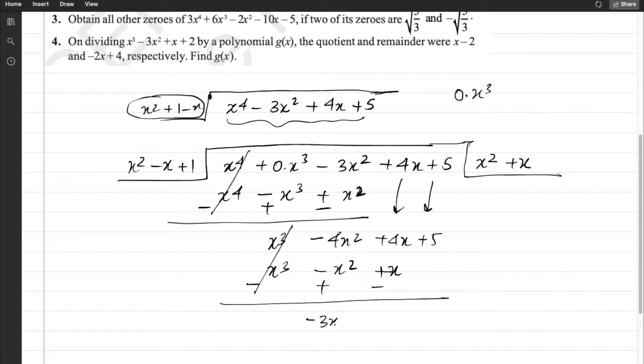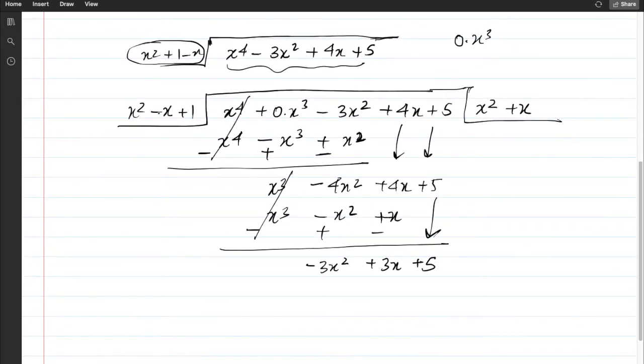Minus 3x square. Alright, because the negative part is bigger over here, so this is minus 3x square, and this is like 4x minus x. Alright, so 4x minus x will become plus 3x, and this will come down as it is like this. Now I need to make it equal to this term, minus 3x square. So I will just multiply it by minus 3.